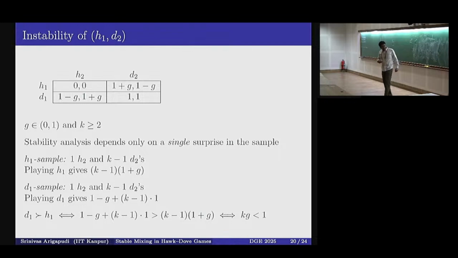As you can see, the condition k times g being less than 1 says that firstly, g has to be less than 1, and also that the sample size k has to be less than 1 by g. So intuitively, if k is very large, this will never hold, and so the boundary equilibria are going to be stable.